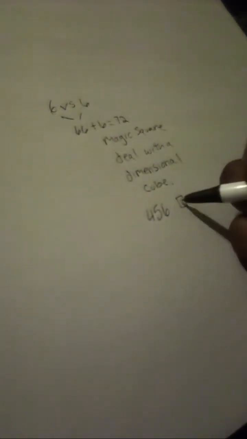The magic square deals with a dimensional cube. I don't know if I spelled that right, but I'm looking at two different things. Look, a dimensional cube, which is 4, 5, 6, as played in shooting dice, right?